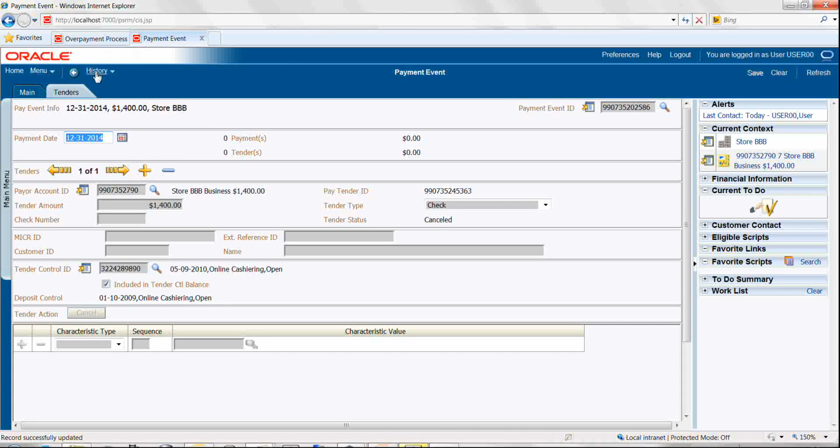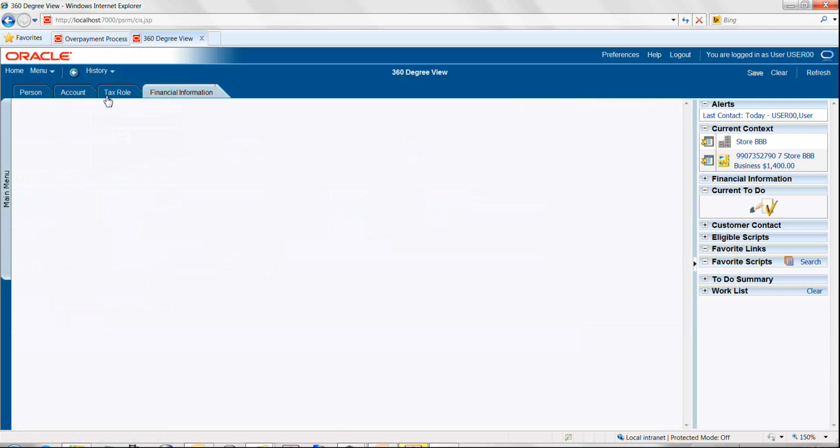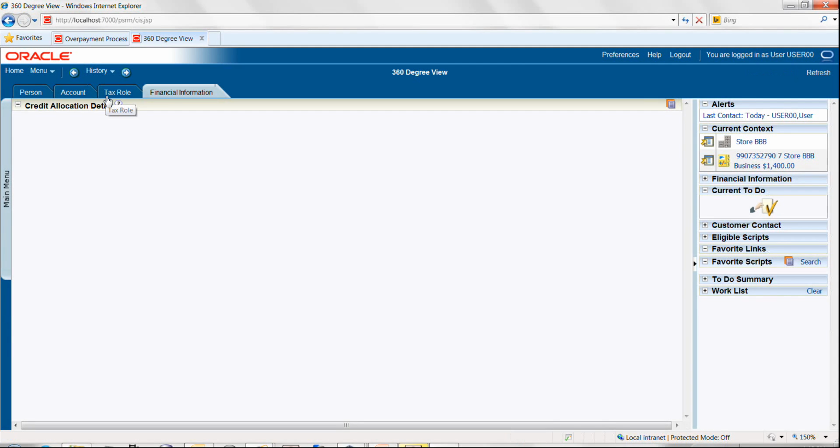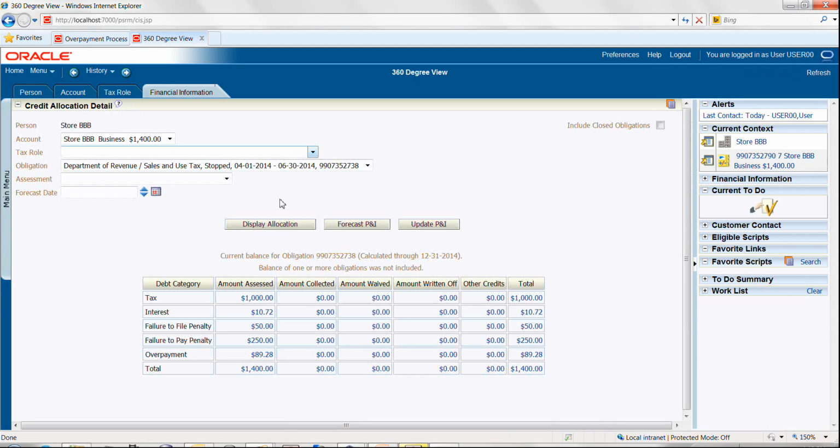And that makes sense because if I go back to my financials here, we'll see that we actually collected nothing anymore, and we've paid back $89, and that's $1,400 now owed to the tax authority because, let's say, the check bounced or something like that.